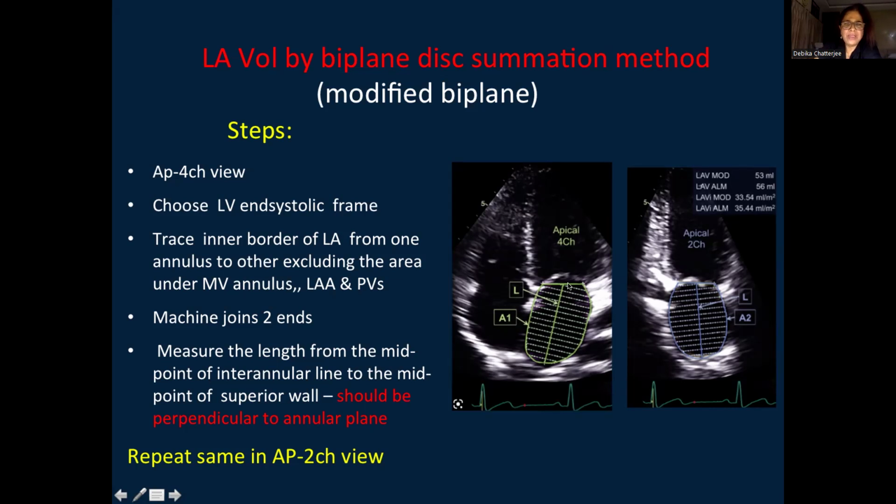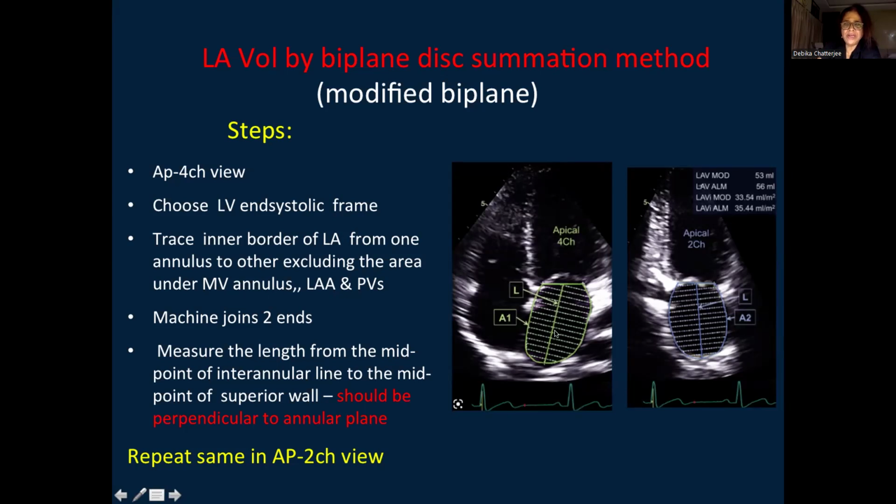Here we get one area 1 and one length, and we then go to the apical 2-chamber view, and the whole thing is repeated where we get an area 2 and another length. As I said, this length should be perpendicular to the annular plane.